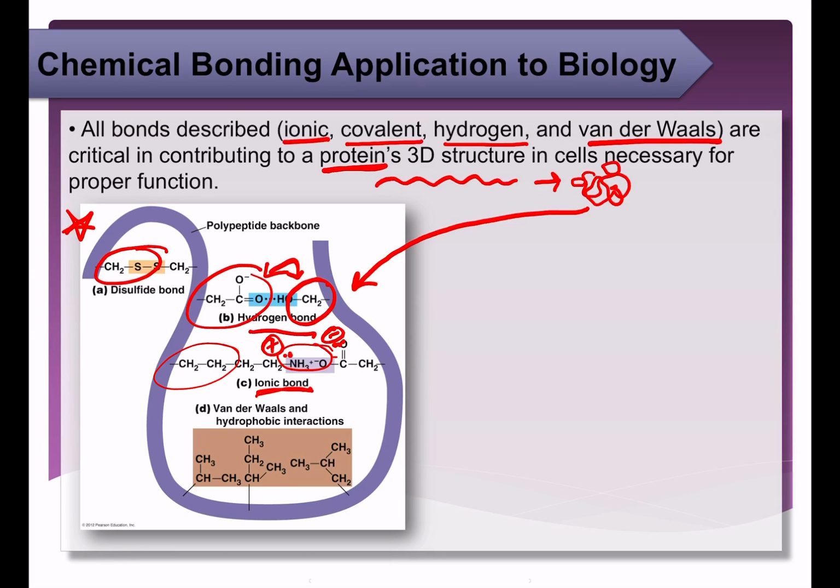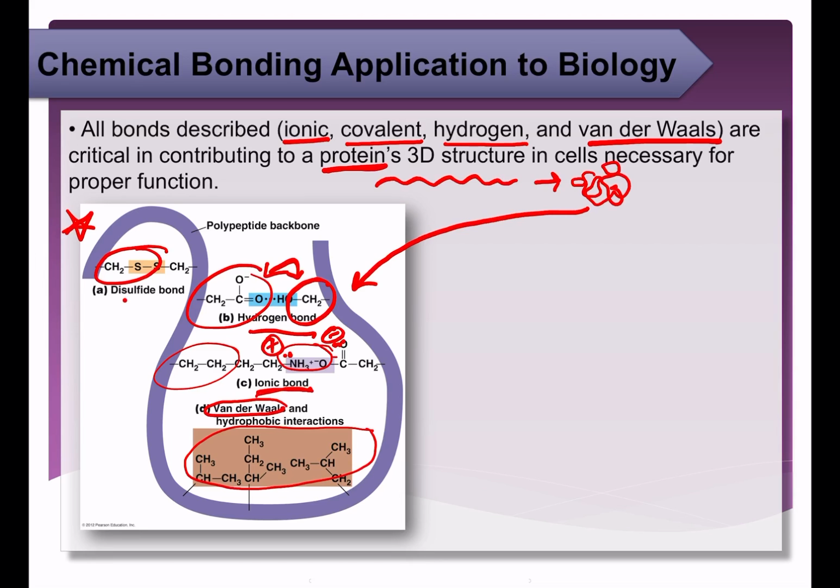Or there can be van der Waals interactions we talked about in these three particular amino acid side chains. So that's why we talked about those four different types of interaction, because they are what drives the ultimate configuration or three-dimensional structure of a protein that makes them functional, which is very critical in biology.